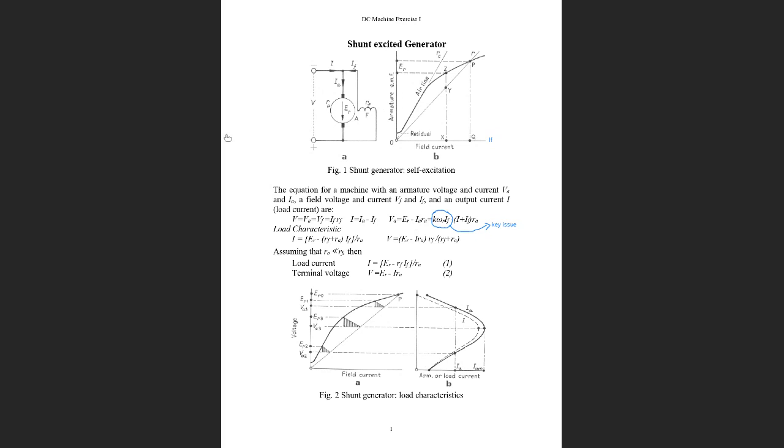You just change here, and from these equations you get this one. So you have I here, you have RF here, and this is the ER, so it is ER minus RF times I.